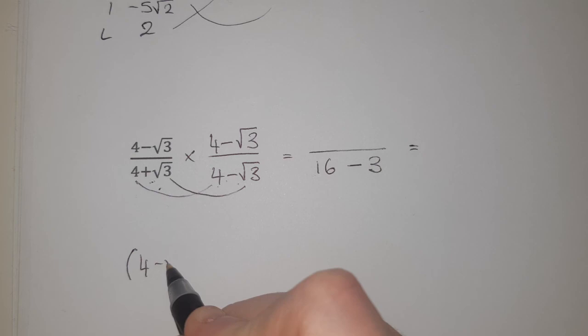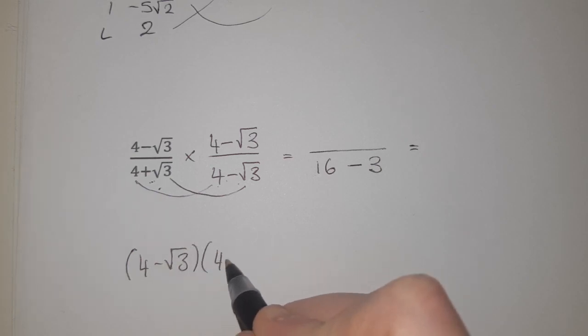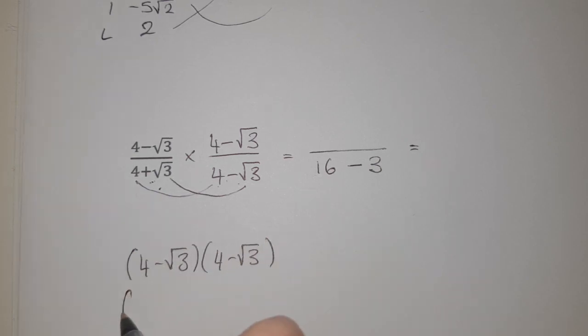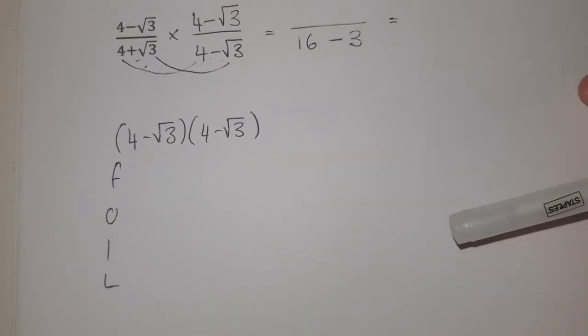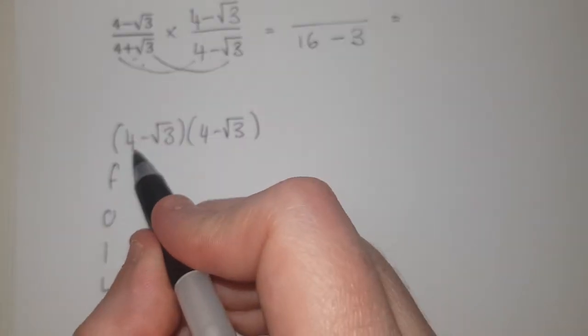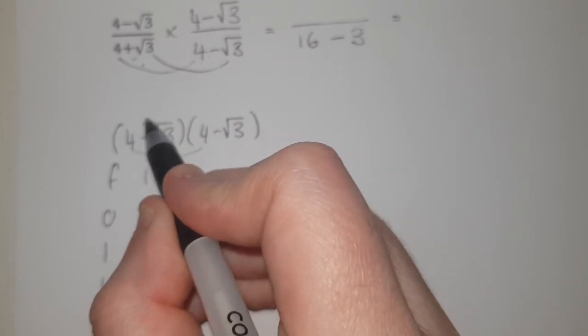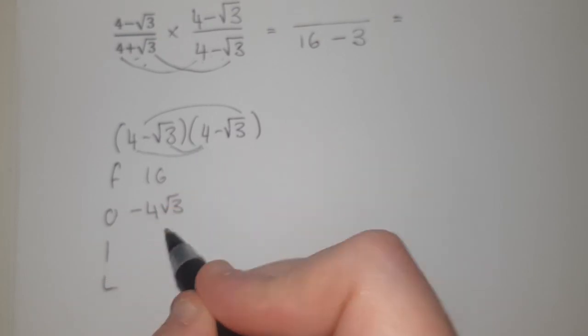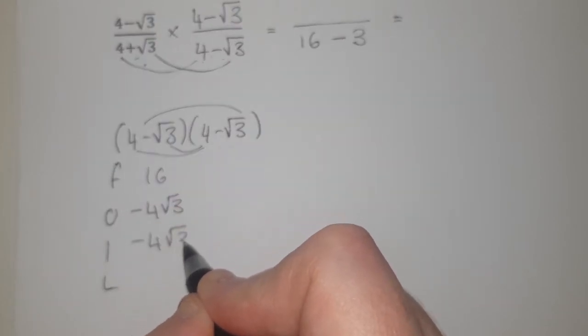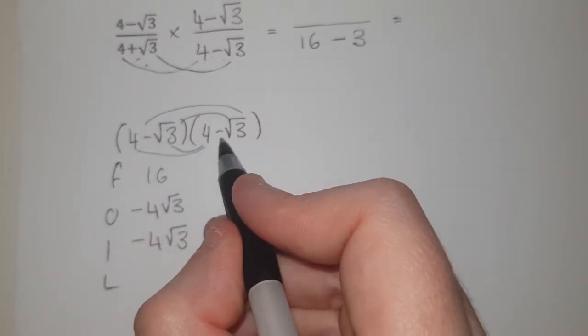On the top, you've got 4 minus root 3 multiplied by 4 minus root 3. So this one, we're going to have to use FOIL. First is 16. Outside is minus 4 root 3. Inside is minus 4 root 3 again. And last is a minus times a minus is a plus.